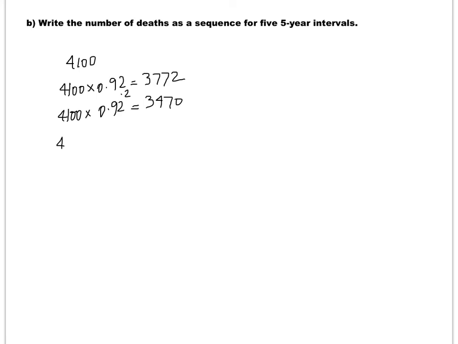The next one is 4,100 times 0.92 exponent 3, which is going to be 3193. And the last one is going to be 4,100 times 0.92 exponent 4, which is going to be 2937.